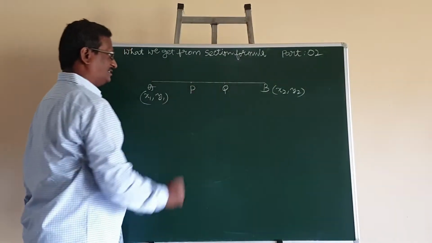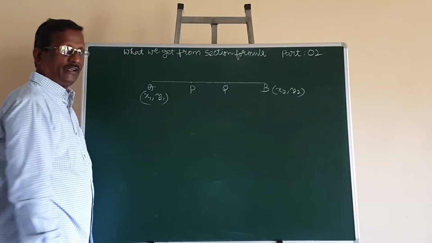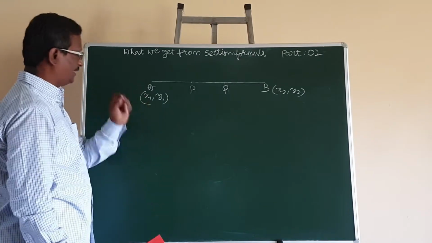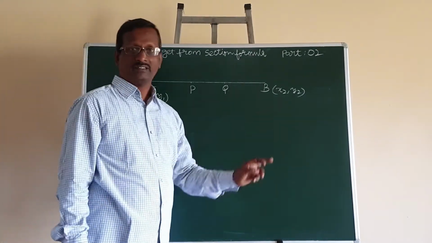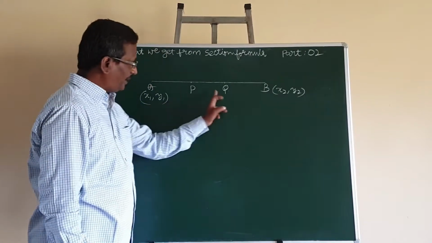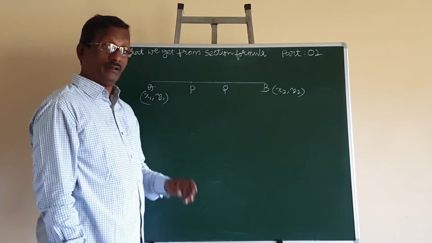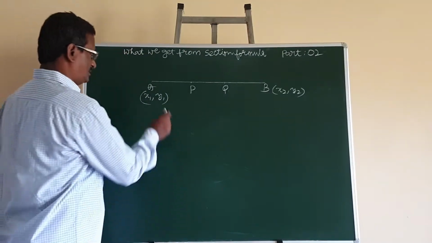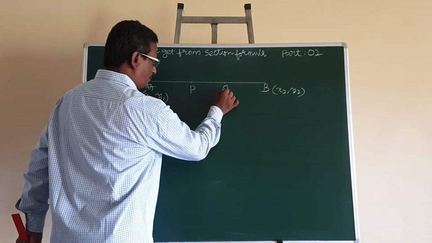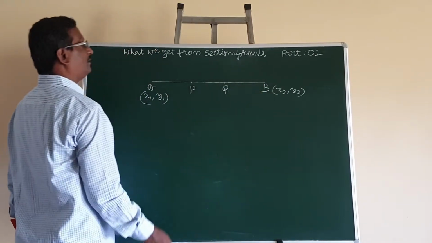AB is a line segment with the coordinates of A x1, y1 and the coordinates of B x2, y2. P and Q are two points on line segment AB in such a way that the distances AP, PQ and QB are all equal.